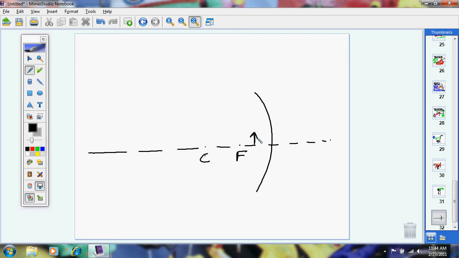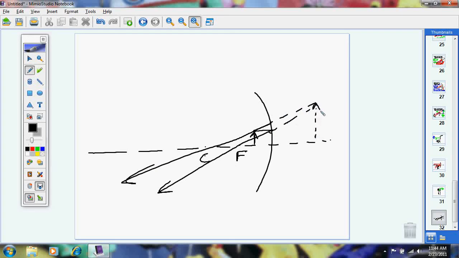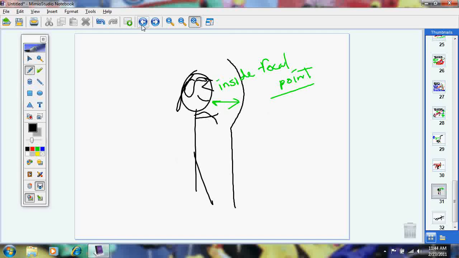This last case that we just drew, parallel through the focal point, as if it came from C back through C, diverging rays. You get a larger upright virtual image, yes? So when it's inside the focal point, how do you see yourself in the spoon? Larger and upright.